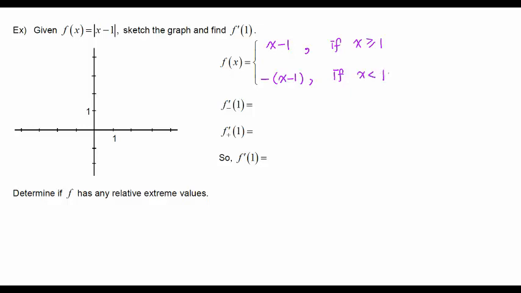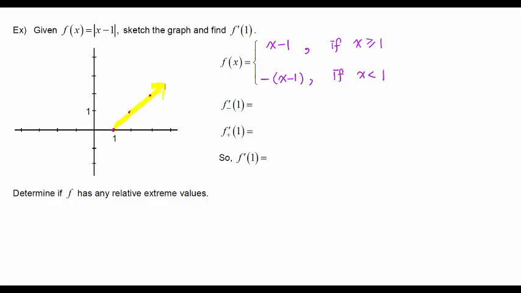So to graph that, for all x greater than or equal to 1, I use the y equals x minus 1 function. Already know it's a line, but since it's valid from 1 and more, you can plug 1 in there. It is 0. And at 2, it is 1. And at 3, it is 2. So it's a line.